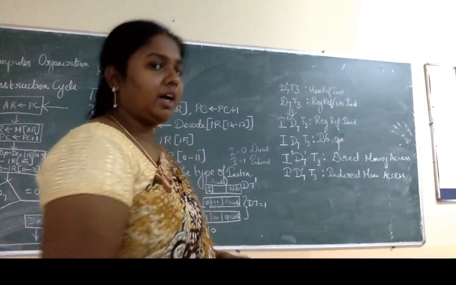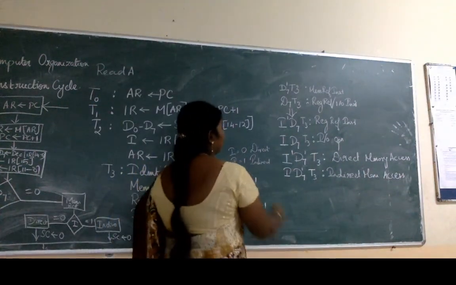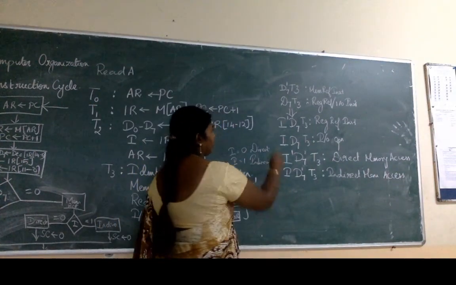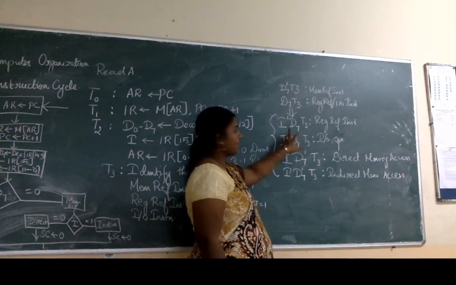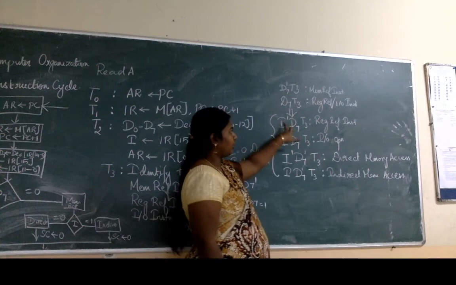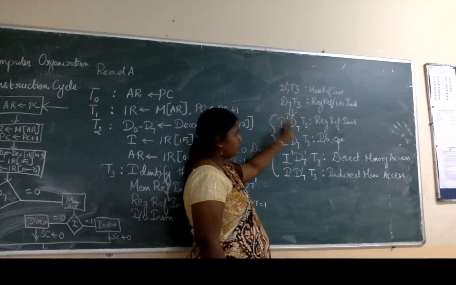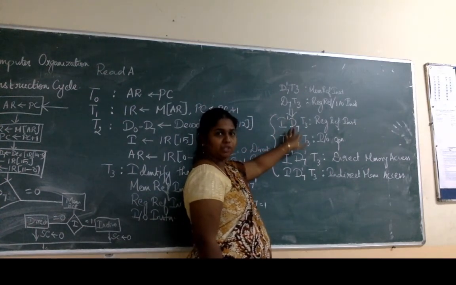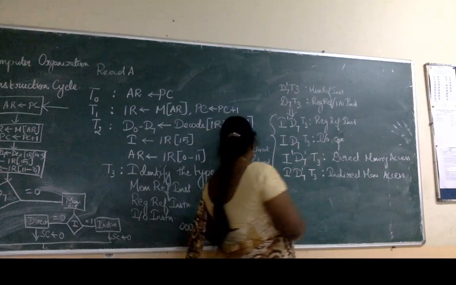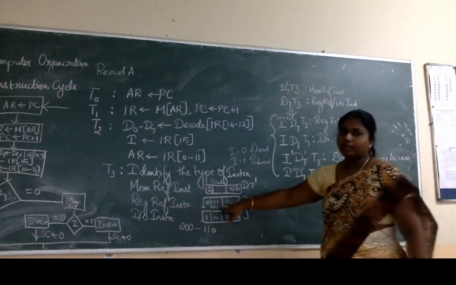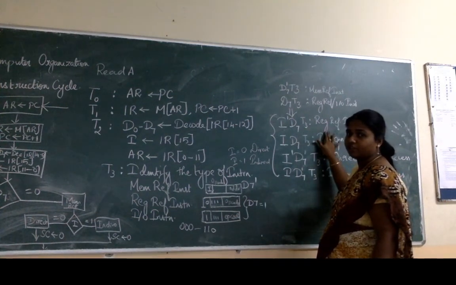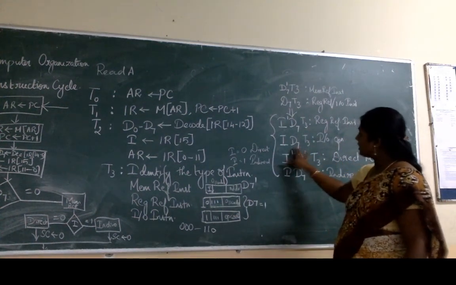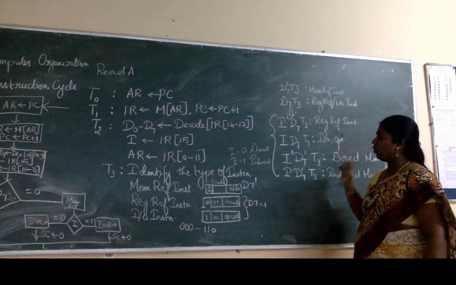And this can be written in our operation language with 4 different values. It's indicated as I dash to indicate the 15th bit as 0, followed by D7 which indicates 111, and this when done in time cycle T3, it's a register reference instruction, and I D7 T3 indicates an IO operation.